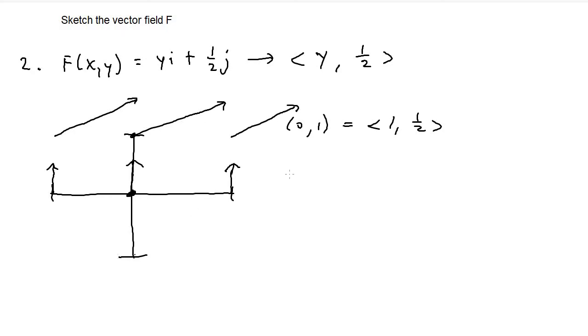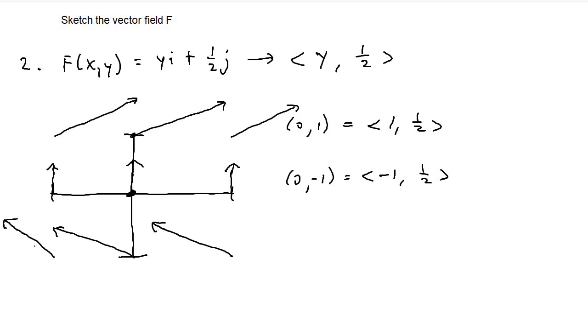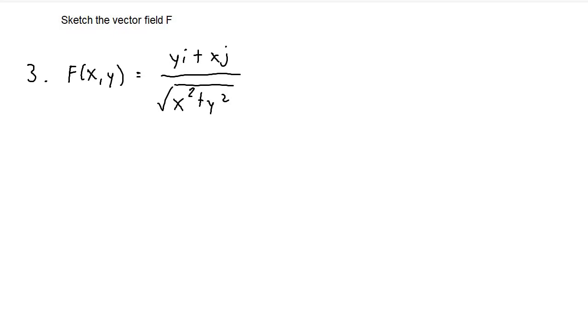Now if we go ahead and plug in 0, -1, our vector will then be -1, 1/2. So the x component is -1, the y component is 1/2. So the vector will look something like this. Once again, same thing goes with 1, -1, because it has the same y value, and the same goes with -1, -1.